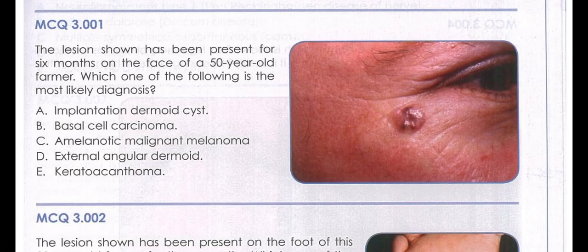So you can give the answer for what this picture is showing. The answer is basal cell carcinoma. This is the nodular type of basal cell carcinoma, which I already showed you in the previous video.